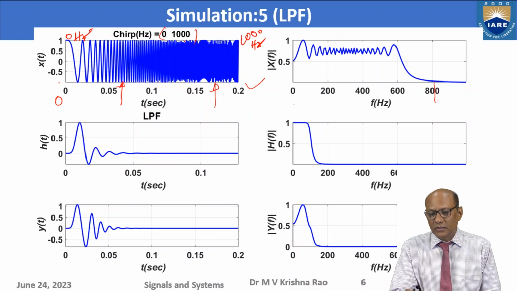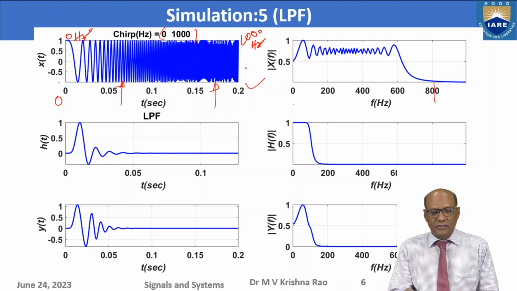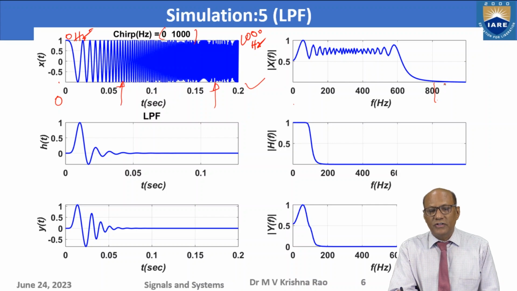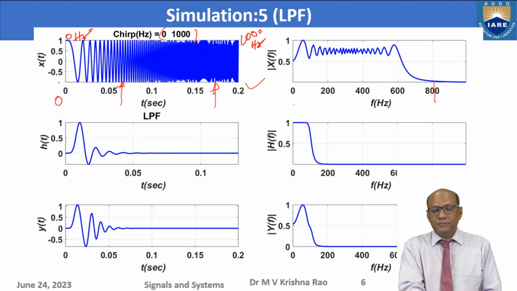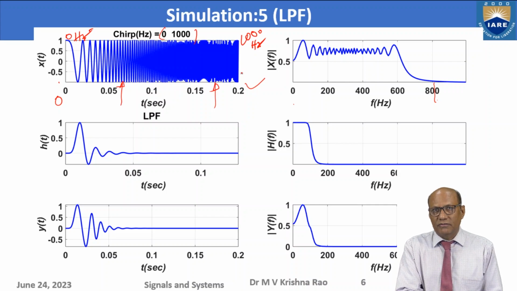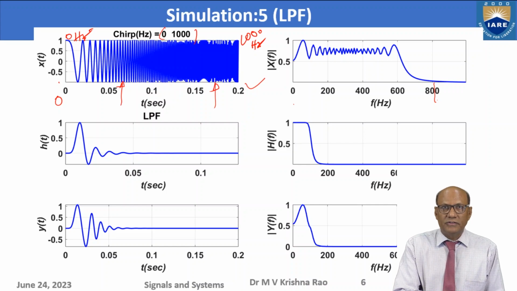Actually it is up to 1000, and because of this window effect, because it is not continuously increasing, and again you are multiplying this signal with gating, because of that interaction, you may not be exactly totally see 1000 Hz here, because the frequency is instantaneous: as the time changes the frequency changes. So these frequencies are called instantaneous frequencies. But when I take the Fourier transform as a whole for the total signal, it considers all the frequencies basically.